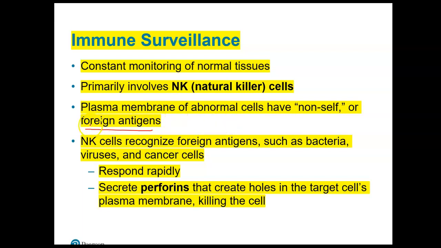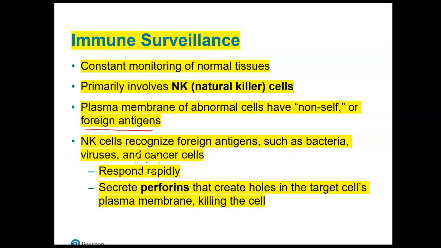But with NK cells, they recognize anything that isn't self. They don't know specifically what it is. They don't recognize specifically whether it's a virus or a bacterium or a fungal infection. They just know it's foreign. They know this antigen is not one of our self antigens. So the NK cells recognize the foreign antigen, such as the antigens found on the surface of bacteria.